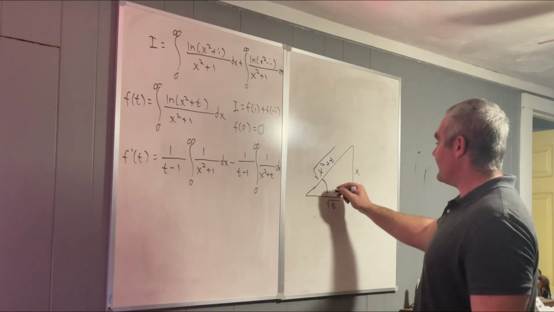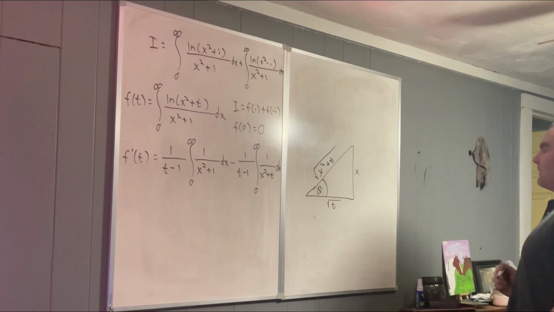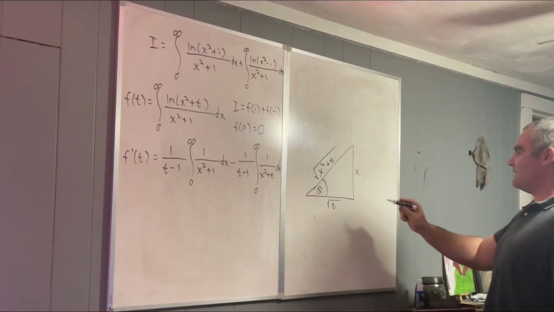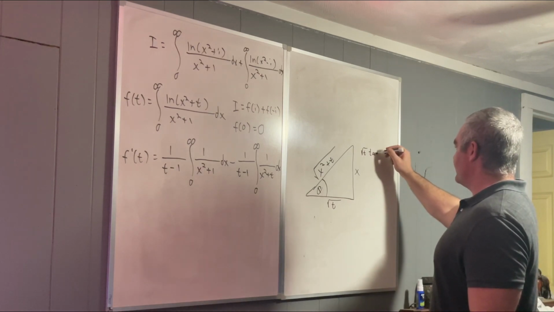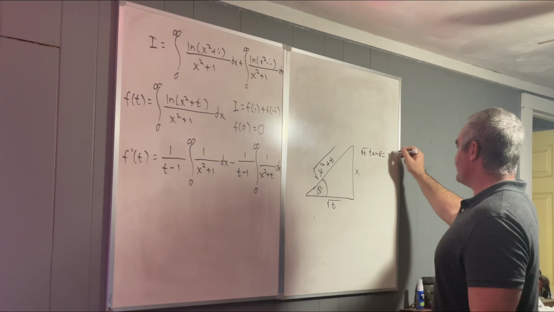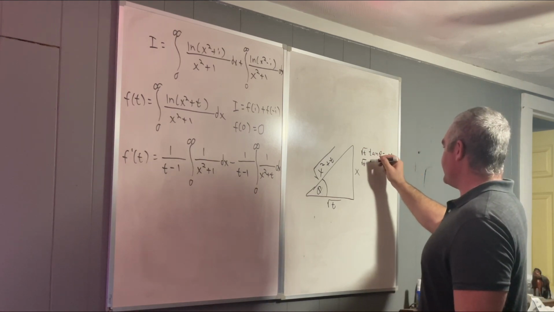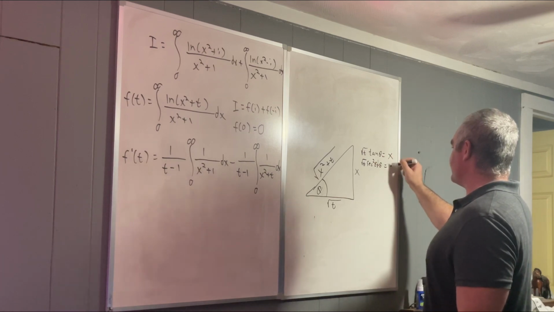And we'll call this angle theta. All right, so from that, we see that tangent theta is x over the square root of t. That means square root of t, tangent theta, is equal to x. Therefore, square root of t, secant squared theta, d theta is equal to dx.